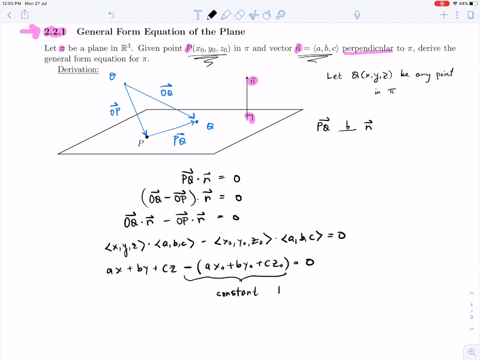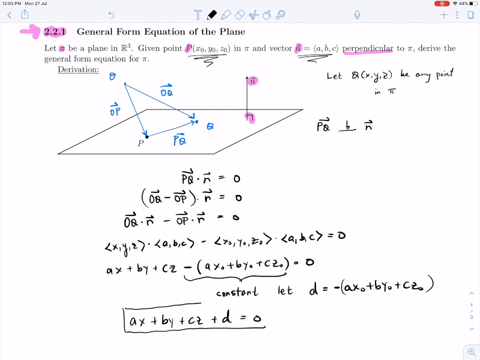So what we're going to do is we're going to let D represent this constant. We're going to collect that all together. So we have a single number D representing that constant, and we end up being able to write ax plus by plus cz plus D equals 0, and that is the general form equation, or the general equation of the plane in R3.